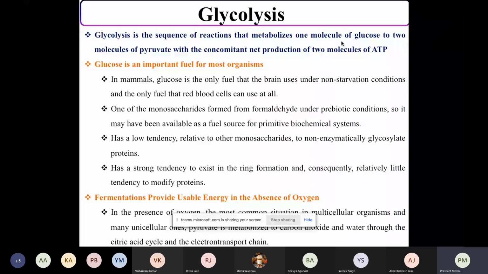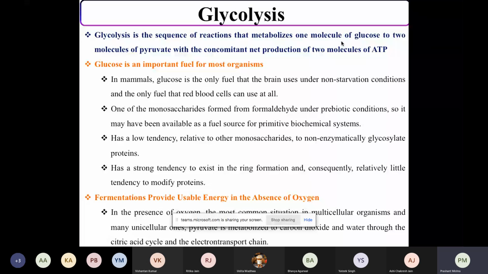Now you may question why glucose has become a very important energy source. You can see that glucose in mammals is the only fuel utilized by the brain under non-starvation conditions, and it is the only fuel for red blood cells. So actually glucose is a very important source of energy.